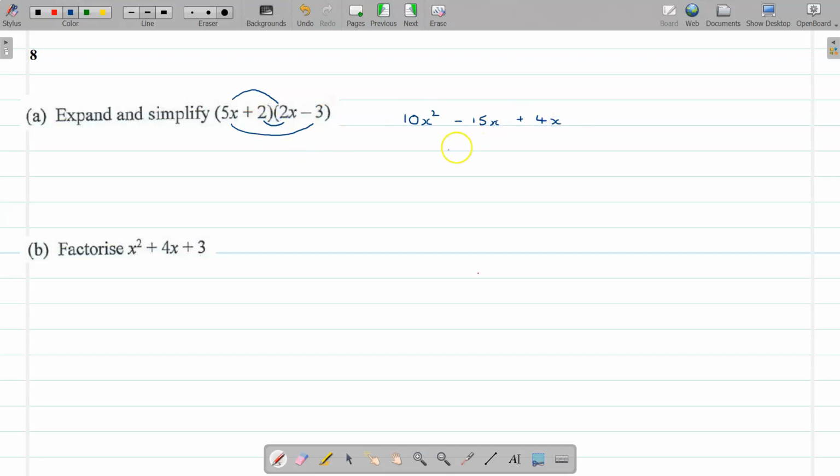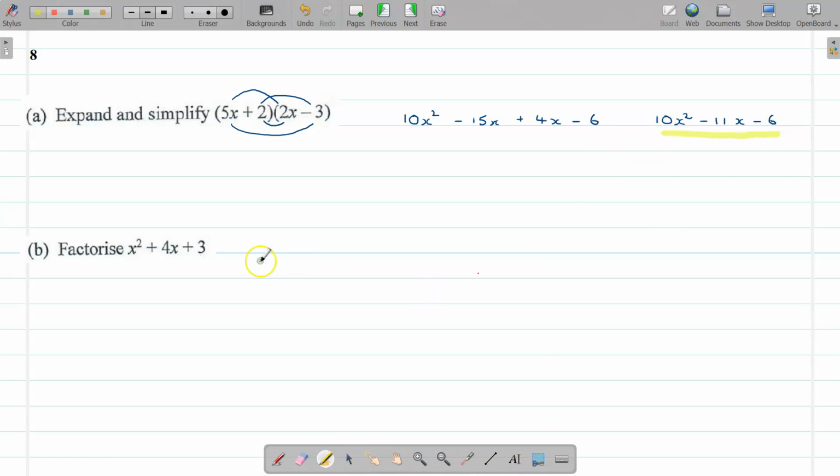And then we take the last terms, which are going to be 2 times negative 3, which is negative 6. Combine the middle two terms, and we've got 10x squared minus 11x minus 6. Okay, very straightforward.